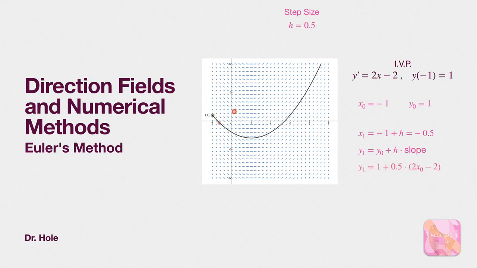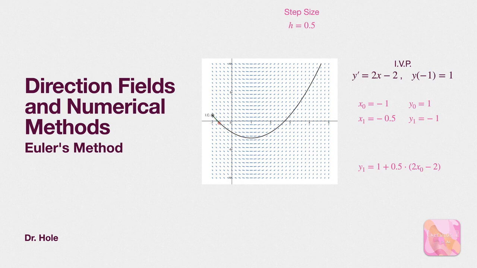That initial condition has y prime equaling 2x minus 2, with x given as -1. So y1 is the previous y quantity, plus run times slope, where slope is given by the differential equation. Plug in the previous x-coordinate, so 2 times x naught is 2 times -1, and then half of -4 is -2. -2 plus 1 is -1.